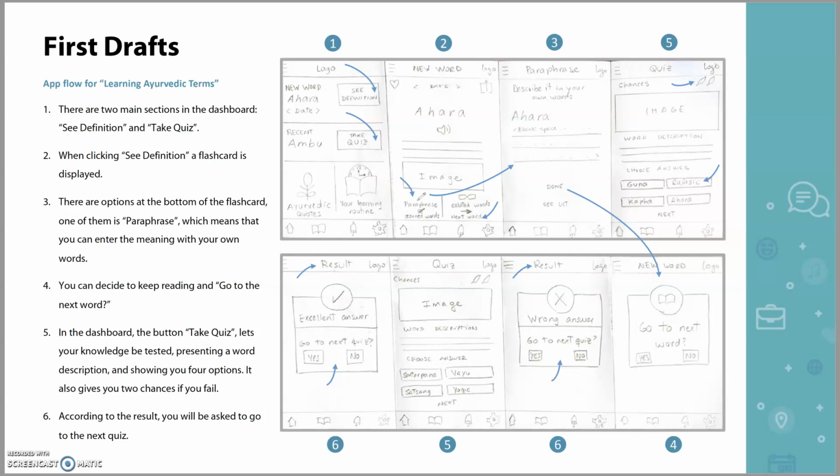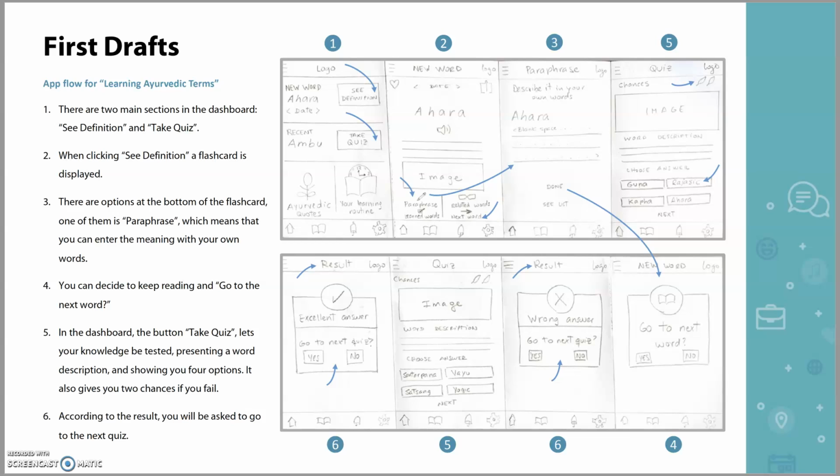If the user goes back to the dashboard and clicks Take Quiz, it takes you to image number 5. There is a big image related to the word. There is a word description, and the user has to guess or choose the right answer.